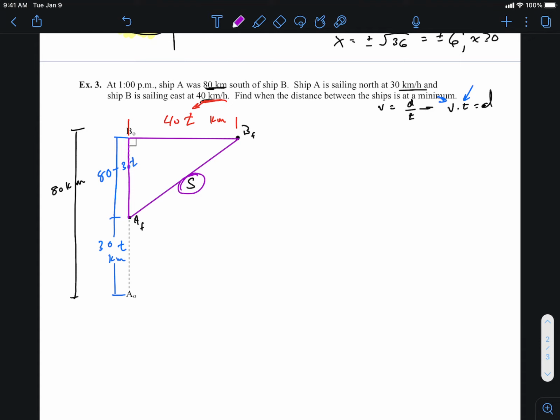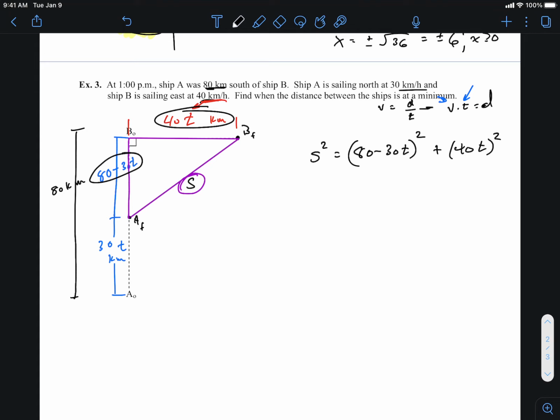It's called Pythagorean Theorem, and that is the equation we're ultimately going to derive. Pythagorean Theorem tells us, to find the hypotenuse, which is what this is, S squared is equal to the sum of the sides squared. Which two sides am I dealing with? Well, this one and this one. So I'm going to have (80 minus 30t) squared plus (40t) squared.